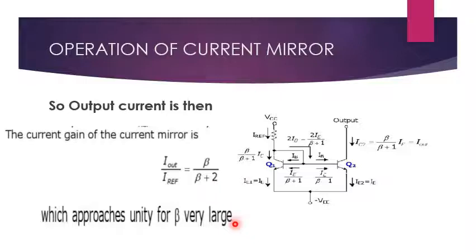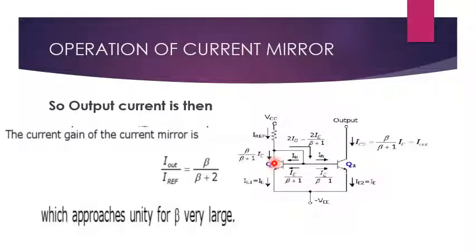So what we are doing is taking the reference current and connecting the two bases of the two transistors, and we have taken perfectly matched transistors. We apply Kirchhoff's current law, so the reference current is IC1 plus IB1 plus IB2.